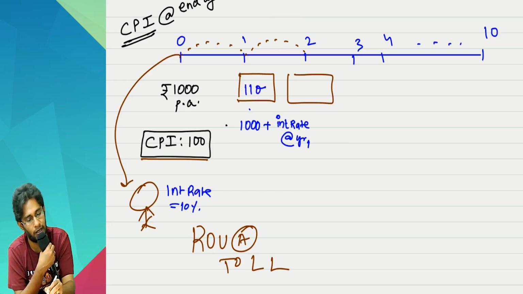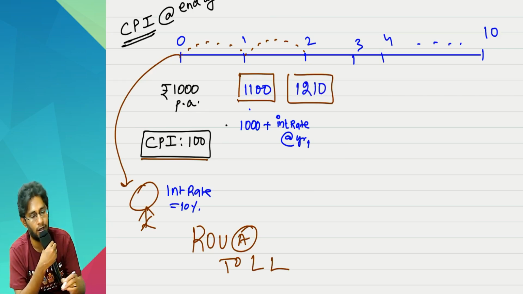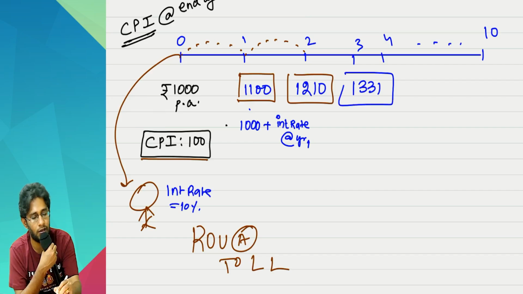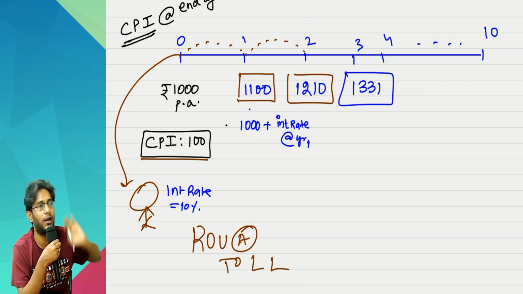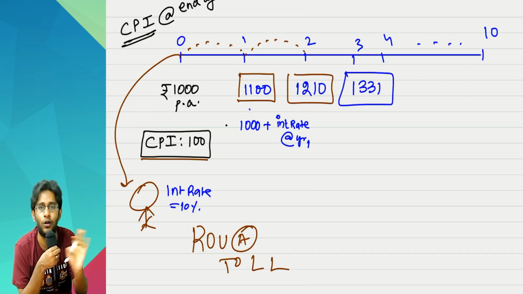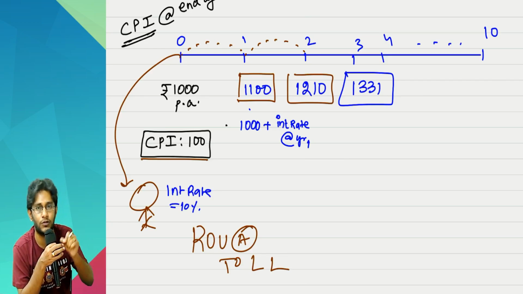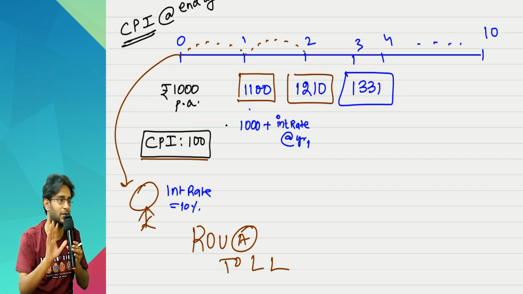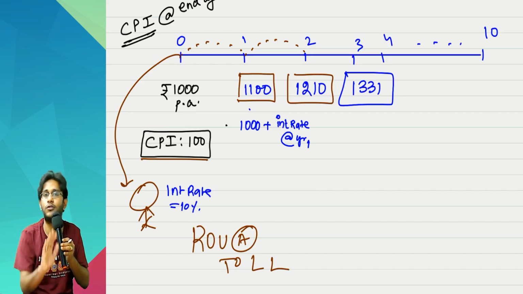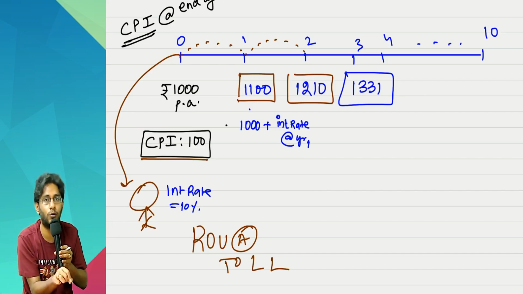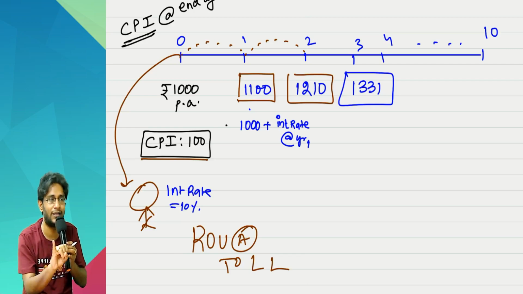So here you will be paying an amount of 1100, here 1210, here 1331, like that 10% you go on adding. In reality I am not going to pay 1100 or 1210. I am going to pay 1000 plus something extra which is determined only on a future date. I am not allowed to make estimates about indexes or interest rates.